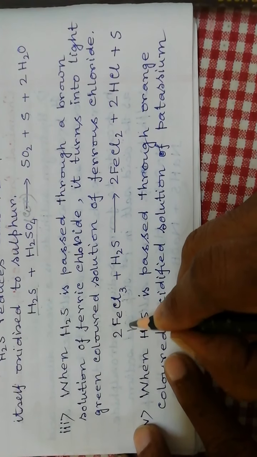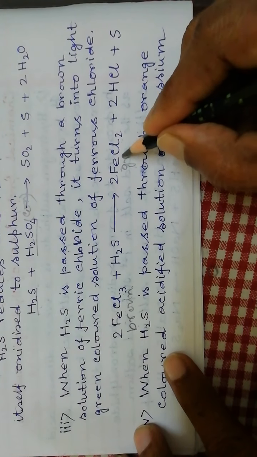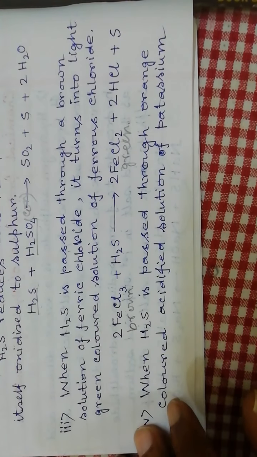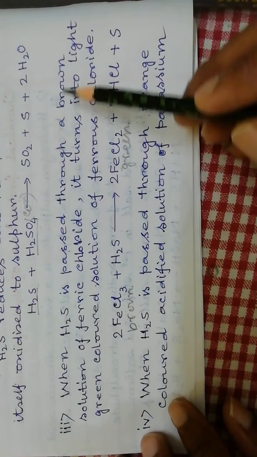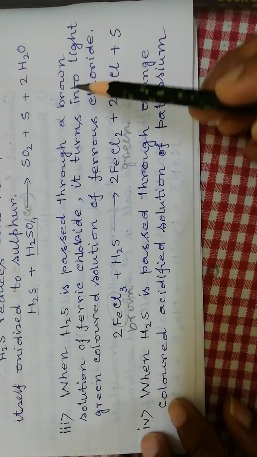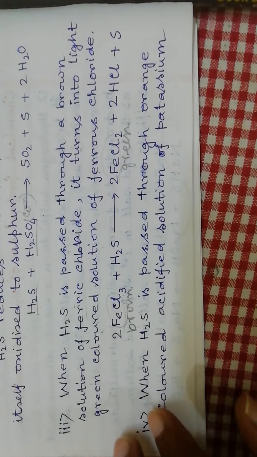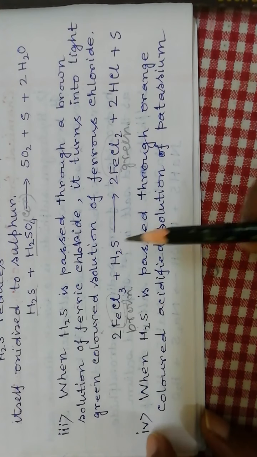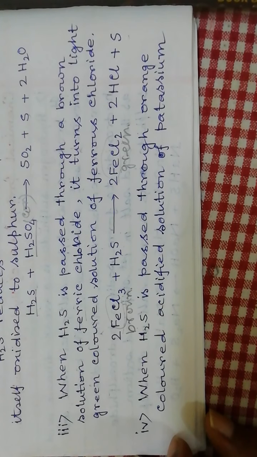So the brown solution turns green. When H2S is passed through a brown solution of ferric chloride, it turns into a light green solution of ferrous chloride, and here H2S is oxidized into sulfur.